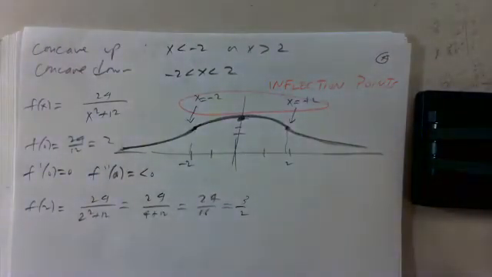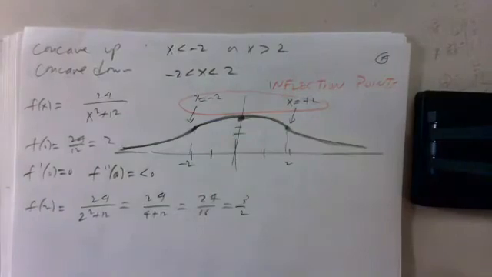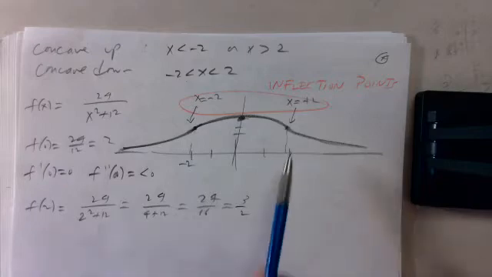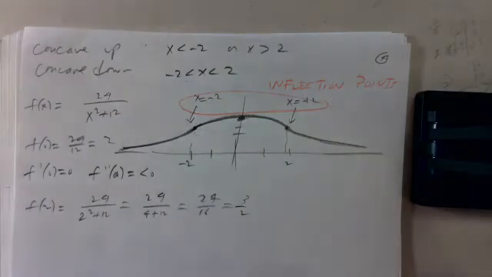So this is really a very pretty example of concavity and the use of the second derivative to determine that. An inflection point is a point where a curve changes from concave up to concave down, or from concave down to concave up. And we see inflection points at +2 and -2.